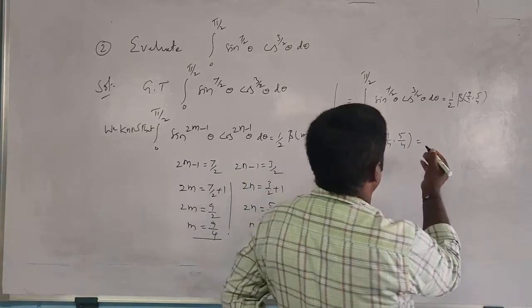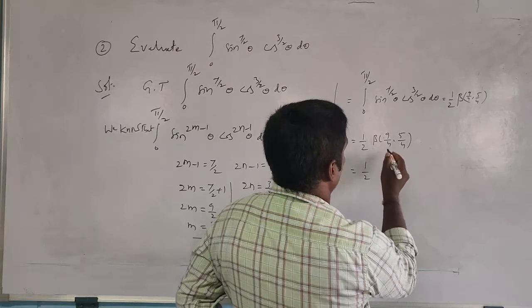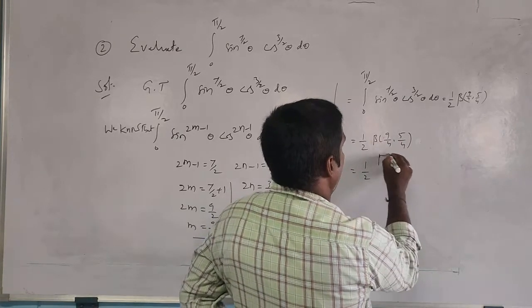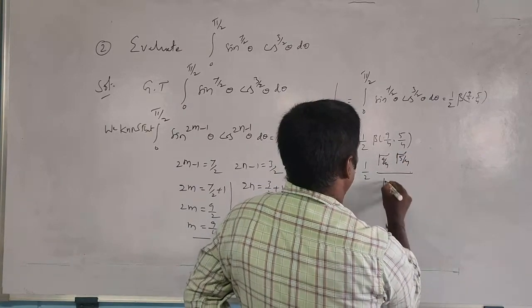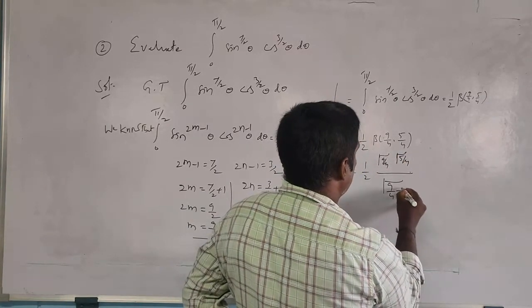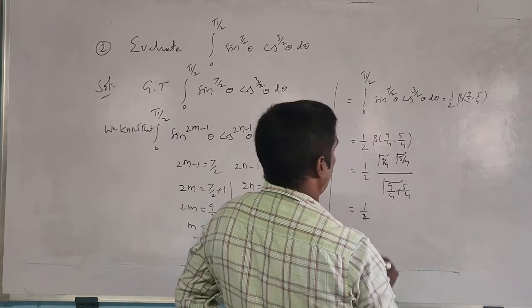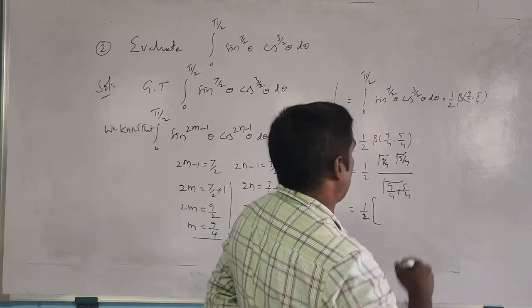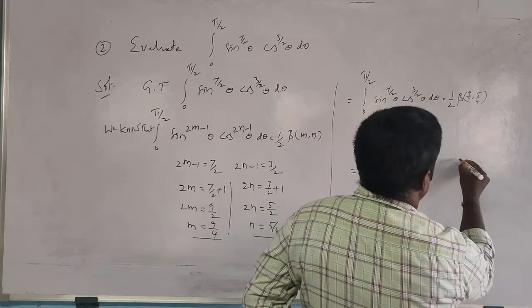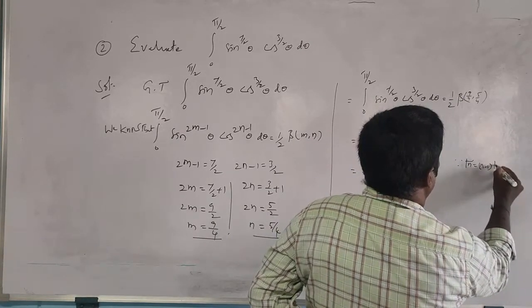So 1 by 2 of gamma 9 by 4 into gamma 5 by 4 by gamma of 9 by 4 plus 5 by 4. We know the formula gamma n equals n minus 1 into gamma of n minus 1.